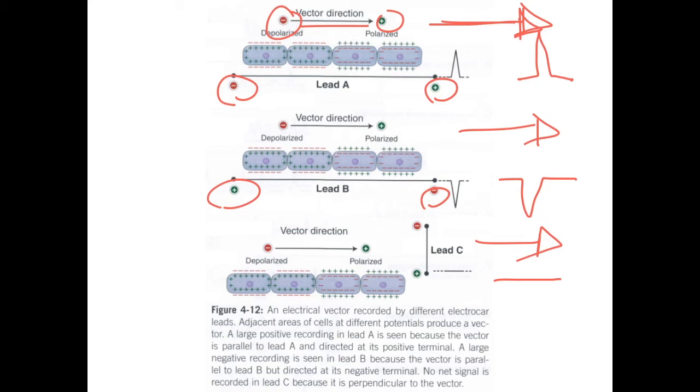So all these leads pick up electrical signal going in their direction, and based on whether it's the same direction or the opposite direction, the deflection on the paper would be either positive or negative.